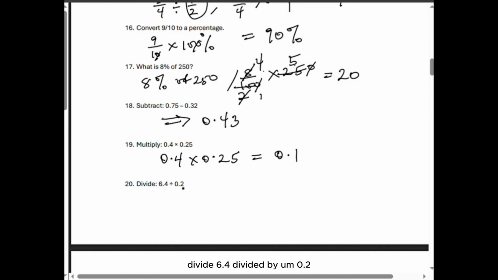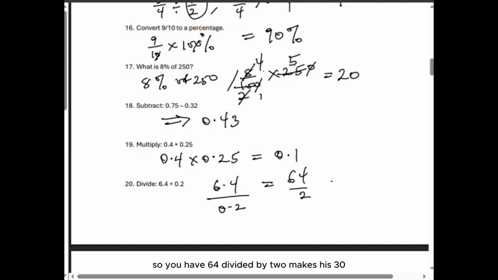Divide 6.4 divided by 0.2. Instead of using a calculator, you can just multiply both the numerator and the denominator by 10. So you have 64 divided by 2, which makes it 32.